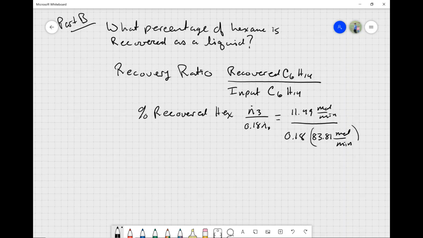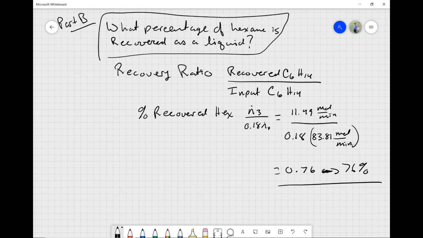So if you work it out, you get 0.76, and they wanted it in a percent, so 76%. And so that's what percentage of hexane was recovered as a liquid.